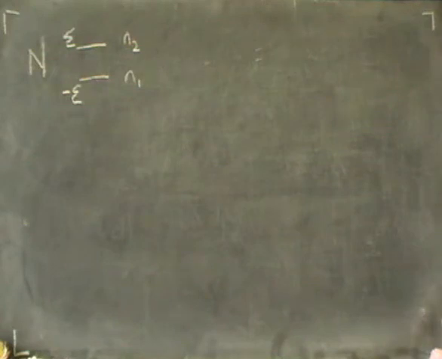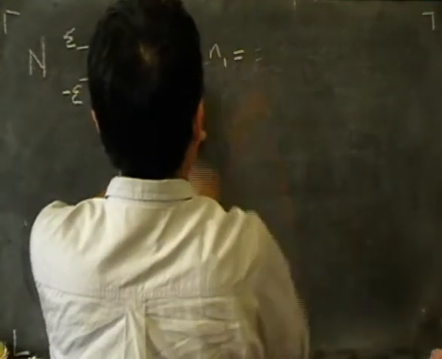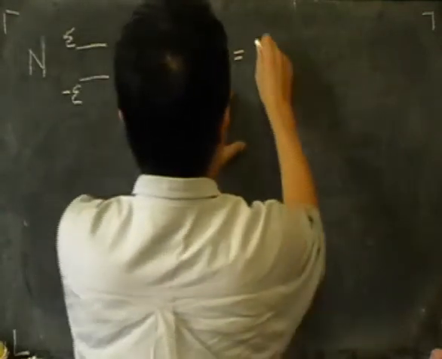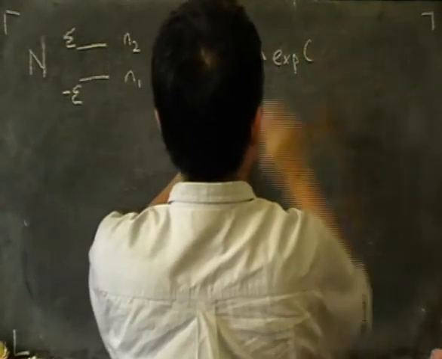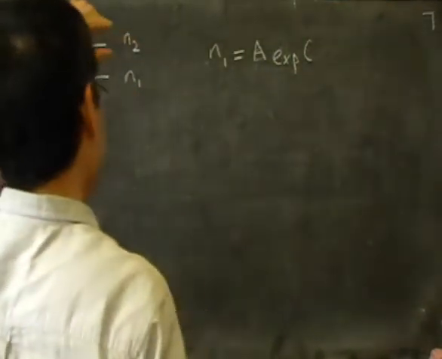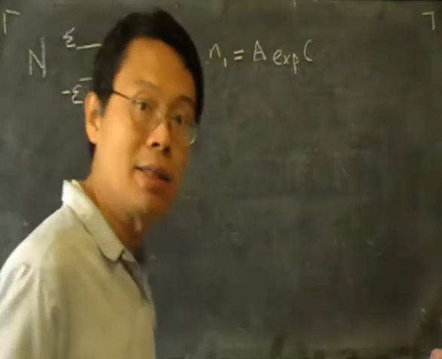Let's start by writing down the Boltzmann distribution. N1 would be A exp of minus the energy over kT.